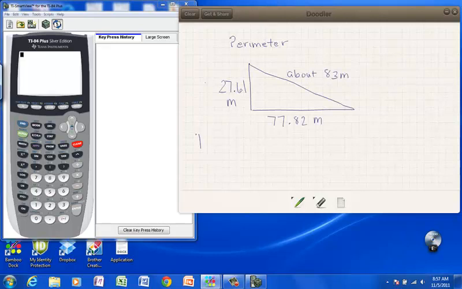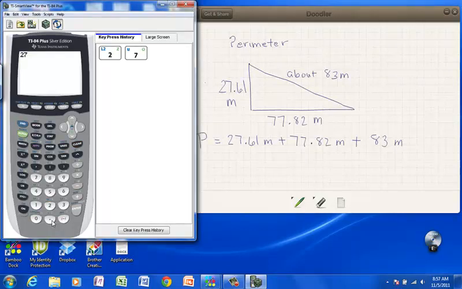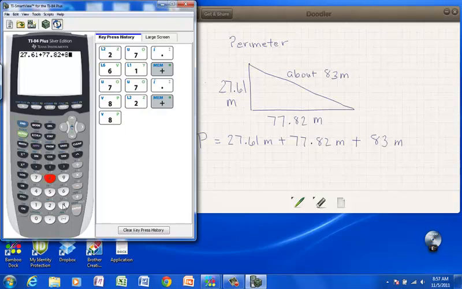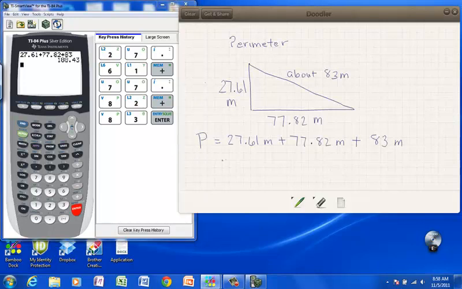So to find perimeter, we add up all the sides. And a lot of you answered that the perimeter is 188.43 meters.